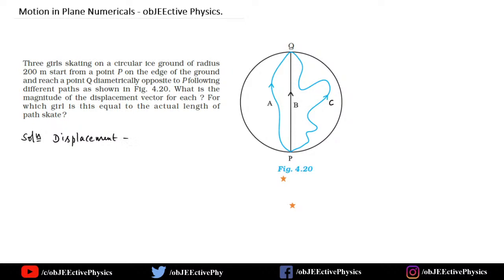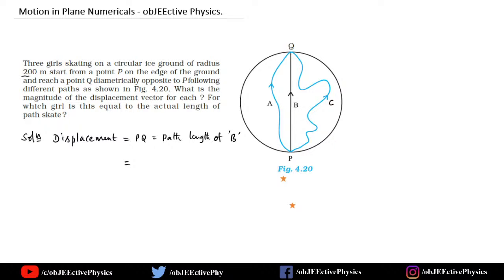so displacement is equal to PQ, the shortest path, or the path length of girl B, that is the diameter, or 2 times radius.